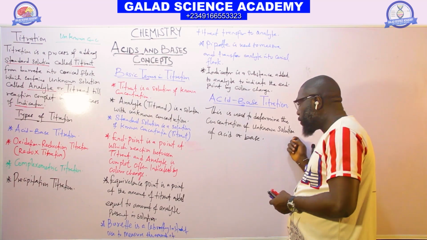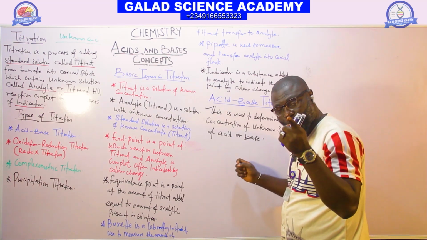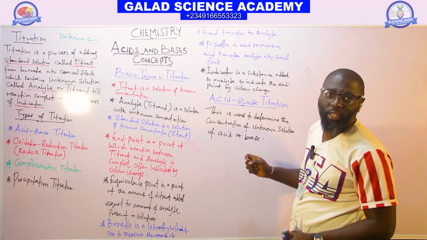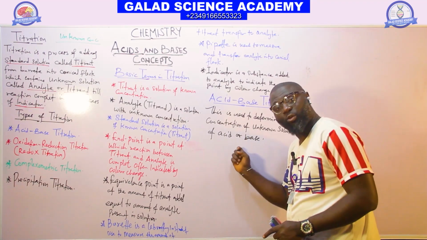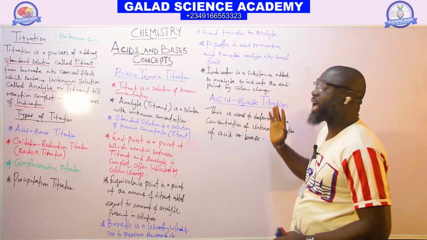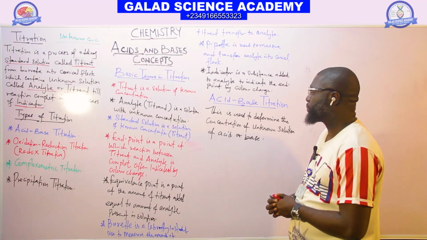So if the acid is known in solution, the base will be unknown. If the base is known in solution, the acid will be unknown. That is what we use acid-base titration for.